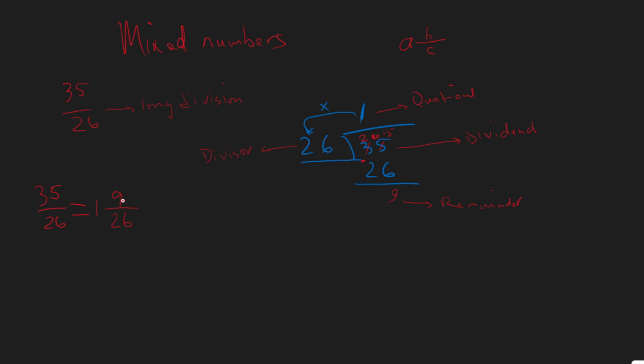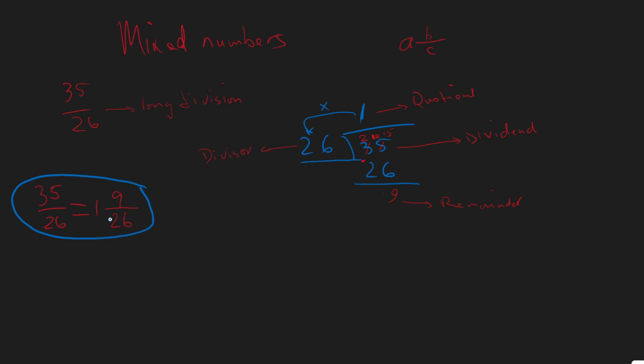You see that now the numerator is less than the denominator, and now you get the right answer. You have transformed the improper fraction into a mixed number. This we can live with, because 9 is less than 26. So that's how you do this.